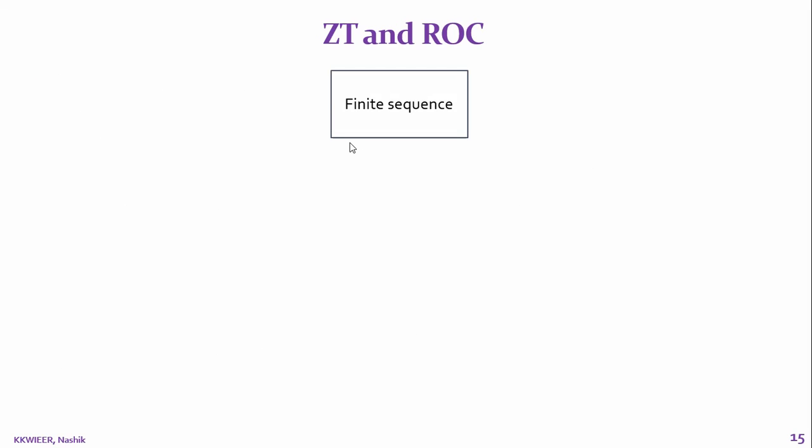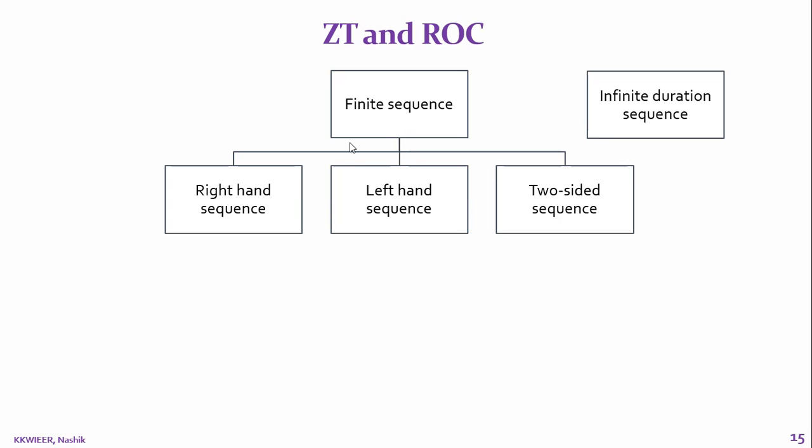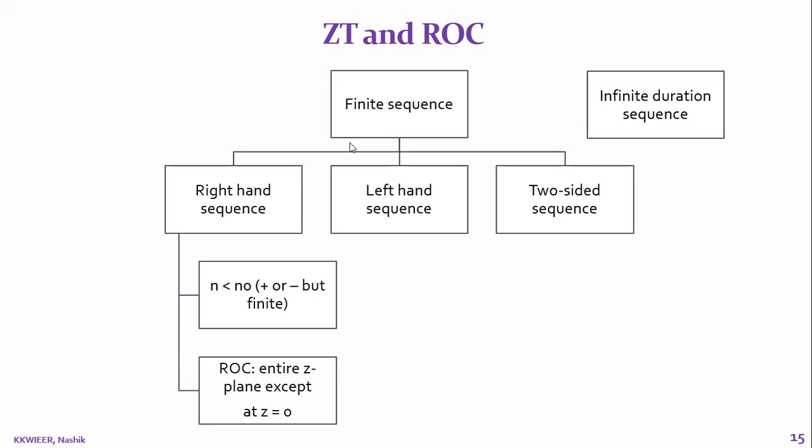Now, let us understand the Z transform and ROC. Two cases are there, finite sequence and infinite sequence. So, we will see in detail for the finite sequence. It can be classified into three types: right-handed sequence, left-handed sequence or two-sided sequence. In a right-handed sequence, n will be less than n0, which can be positive or negative, but it will be finite, and its ROC will lie in the entire z plane except at z equal to 0.